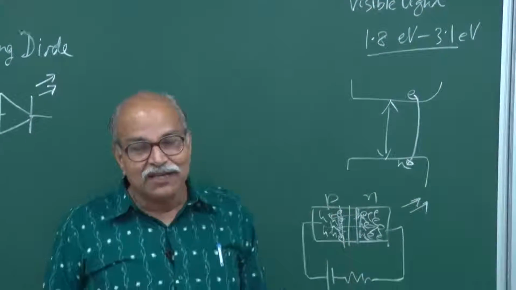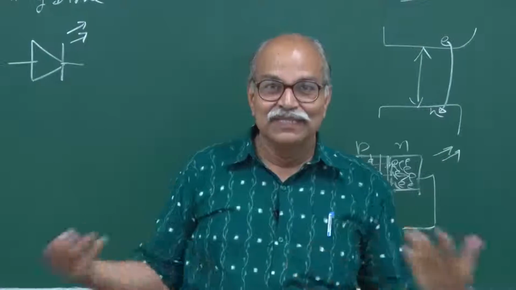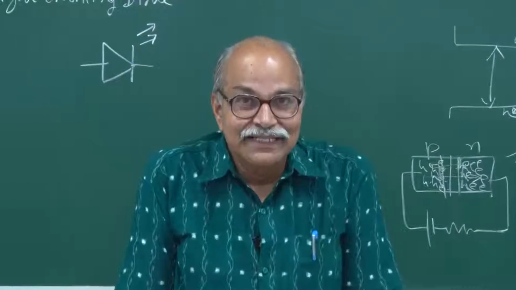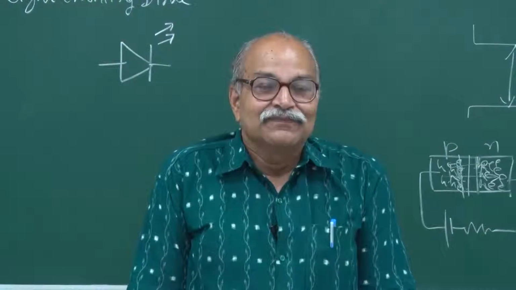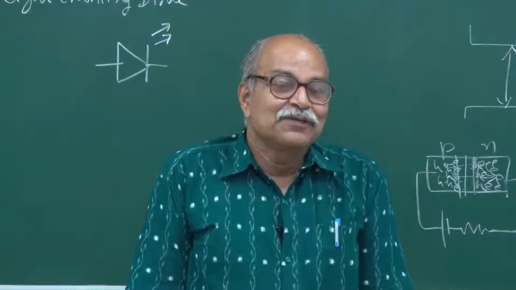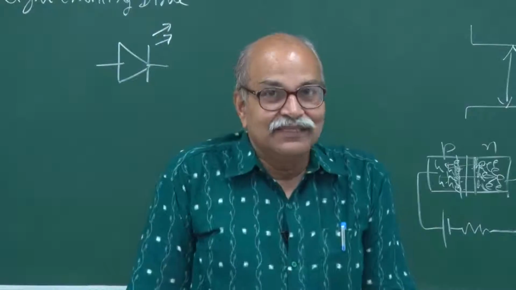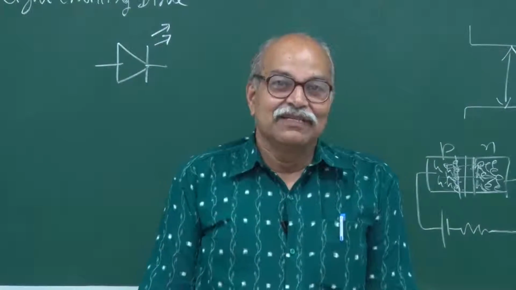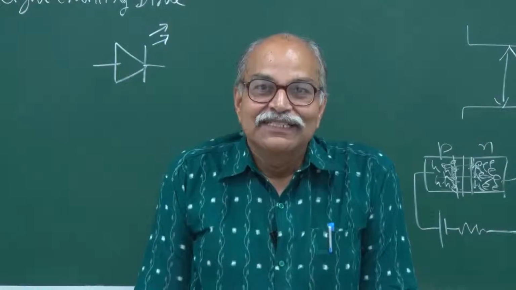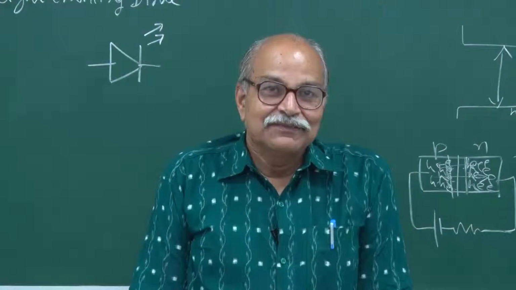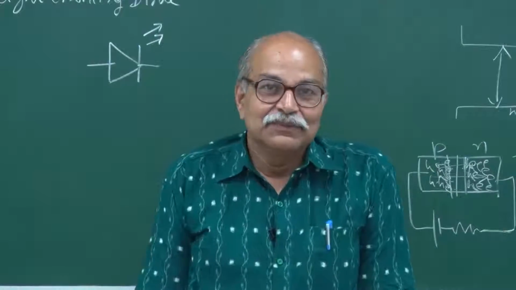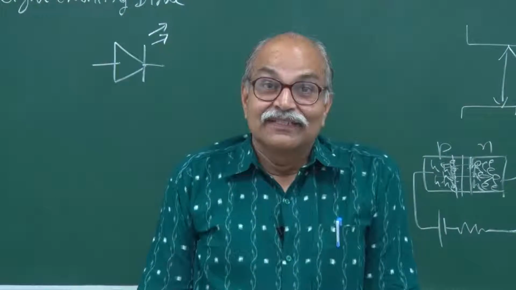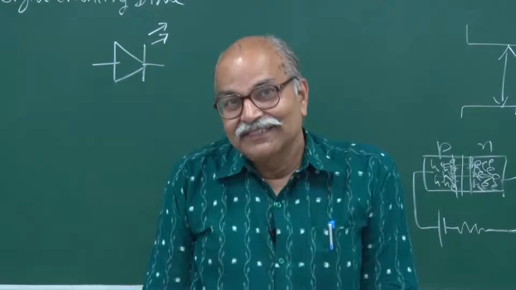So, to start with, we had only the red LEDs, then later on other LEDs also came into production, and very recently, 3 years ago, in 2014, the Nobel Prize for physics went to those Japanese scientists for the blue LED.